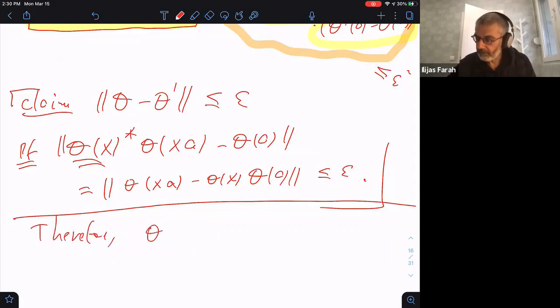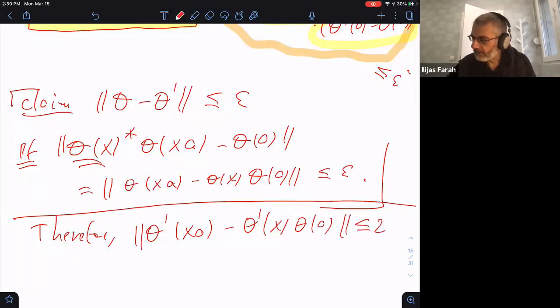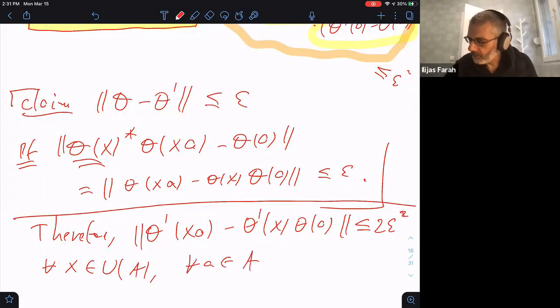So therefore theta prime of xa minus theta prime of x, actually I called it g but it's the same, is at most 2 epsilon squared for every x which is a unitary and for every little a in the unit ball.